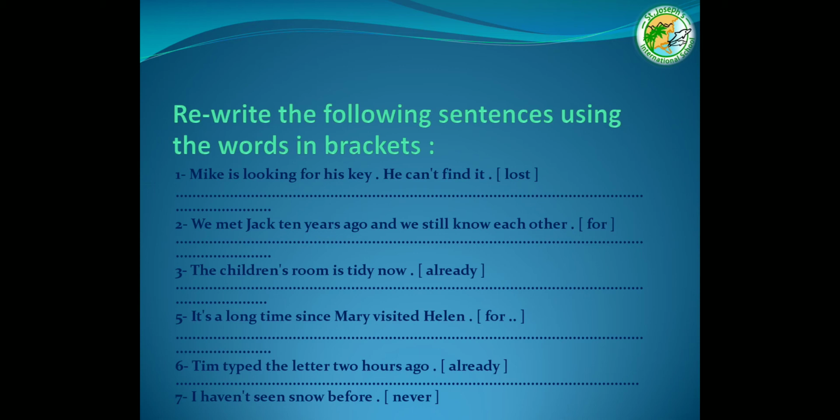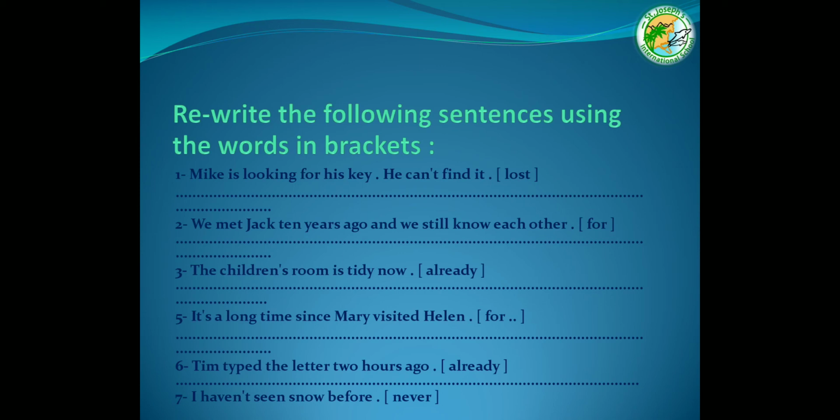The sentence is in the present continuous, and he's asking you to change it to the present perfect. We will start with the subject, Mike. Then we will add has or have. That is right, has, because it is singular. Mike has lost his key.